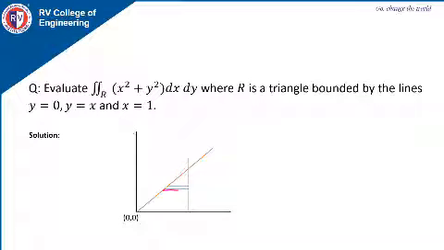The vertices of this triangle are 0, 0, 1, 0 and 1, 1. You can see the lines inside the triangle. So this is the region R, over which we are integrating the function x square plus y square.